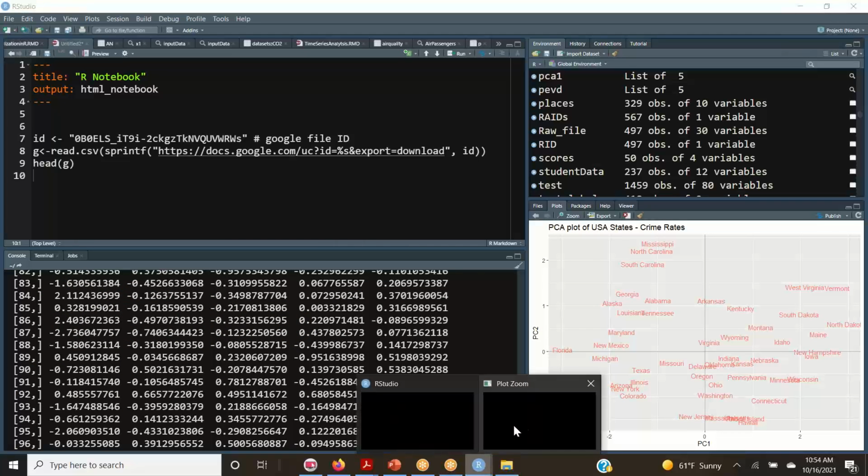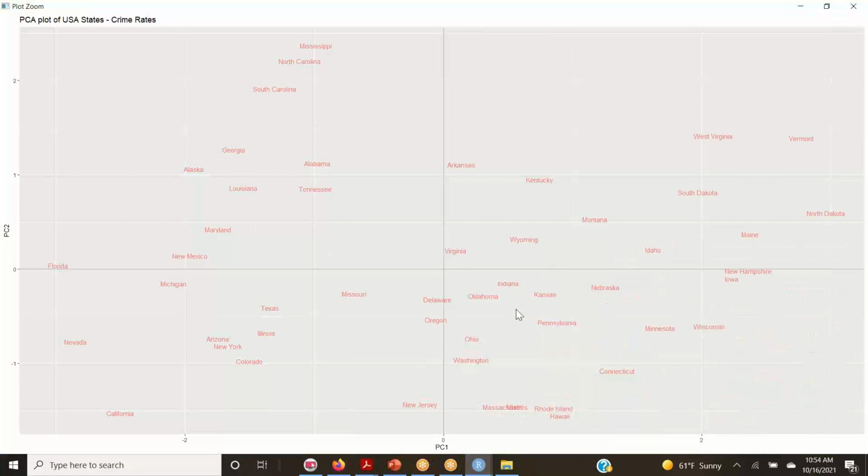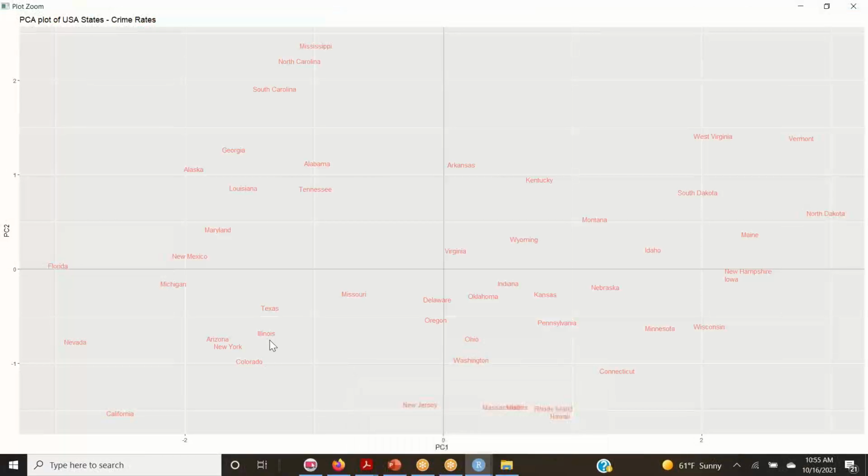So look at this one. This is a kind of urban area: New Jersey, California, Arizona, New York, Texas, and so on. This angle, you have to interpret that. So mostly we are talking about urban, so it's about rape.